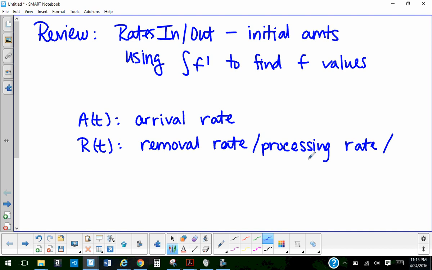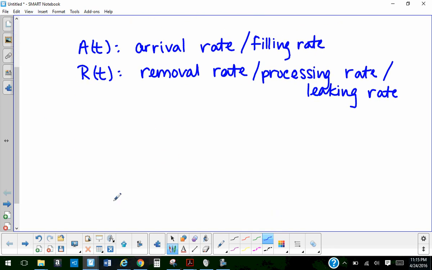Or it could be the leaking rate. Because this could be arrival rate or filling rate. So I don't want to make a video that's specific to a question. I want it to work just in general.